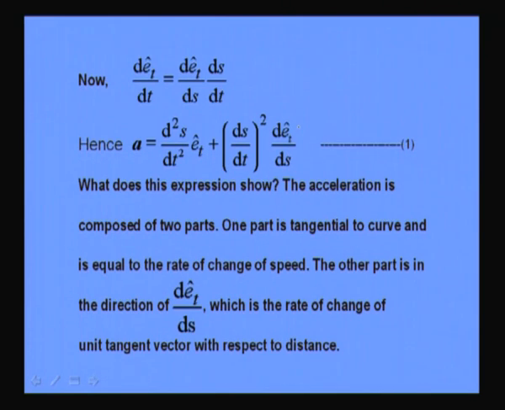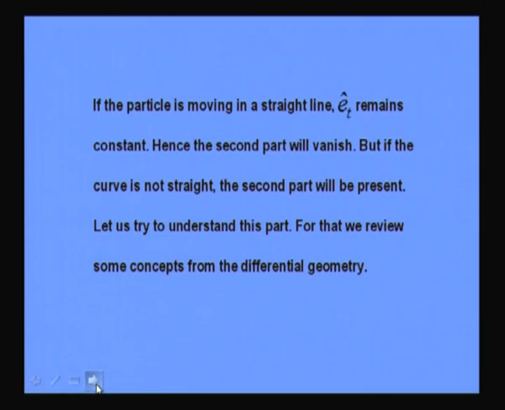The other part is in the direction of det by ds, which is the rate of change of unit tangent vector with respect to distance, and then there is a square of speed term also, where ds by dt is the speed. Now if the particle is moving in a straight line, then et remains constant, hence the second part will vanish.